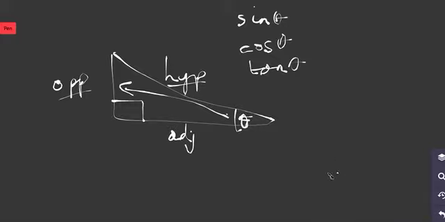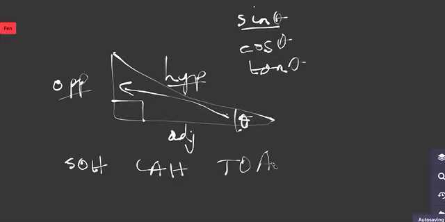Okay, so now there's a little ratio to work out the sine of theta, the cos of theta, and the tan of theta. And remember, there's an acronym of SOHCAHTOA to help us do that. Where the SO means that the sine of theta equals opposite over hypotenuse.